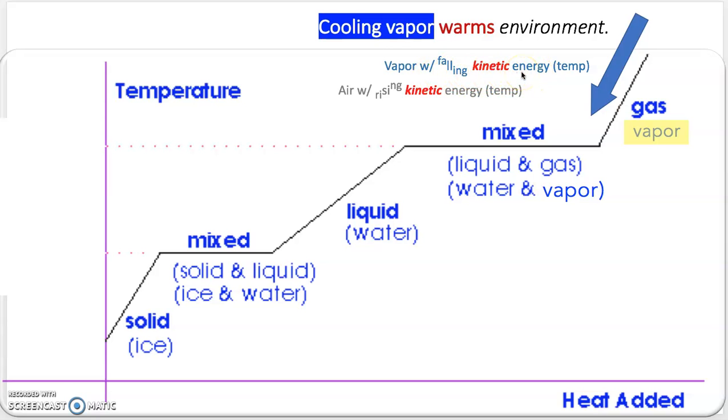That energy is being reduced. The energy has to go somewhere. It's transferred to the air, to the environment, and the air or the environment has rising kinetic energy, so the temperature is going up in the air. That means that cooling water vapor warms the environment.